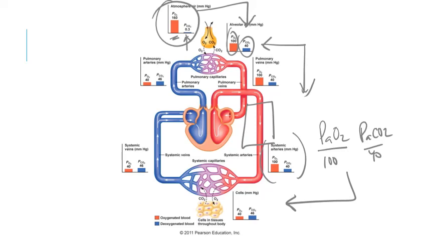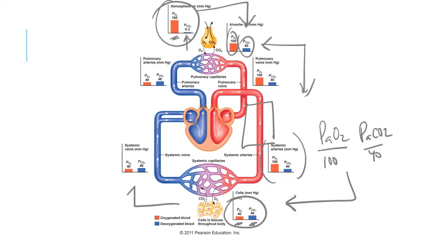The difference from arterial circulation to tissues is about 60 millimeters of mercury of oxygen. And blood also takes up carbon dioxide as a waste product from the tissues. We can see that the cellular partial pressures are 40 millimeters of mercury of oxygen and roughly 45, just for simplicity's sake, PCO2 in tissues is about 46.